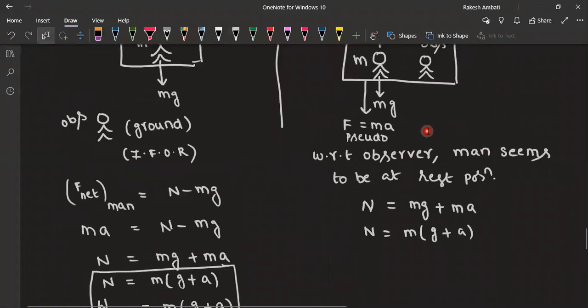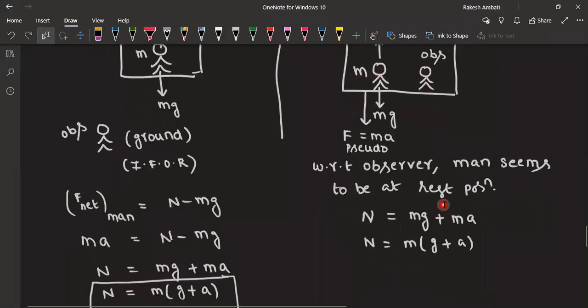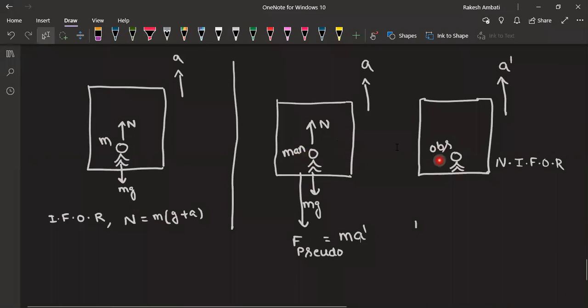In the previous case, the observer and the man were in the same lift, so with respect to the observer he was at rest. But in this case, is the observer in the same frame or a different frame? Different frame. So here we have to find the resultant force acting on the man, following Newton's laws of motion. Are Newton's laws applicable?